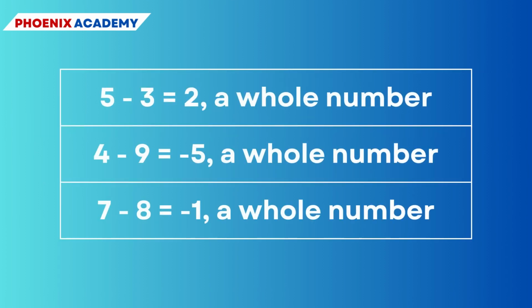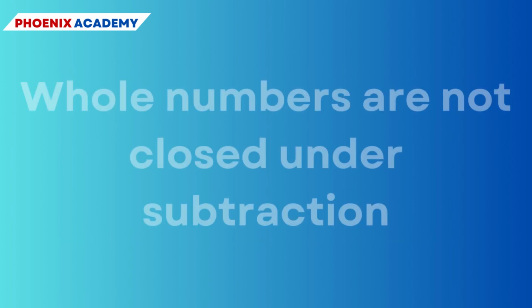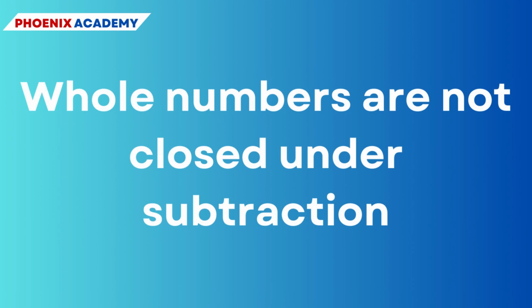Are whole numbers closed under subtraction too? We will check. In this table, we can find that 7 minus 8 is not a whole number. 4 minus 9 is also not a whole number. So, the whole numbers are not closed under subtraction.